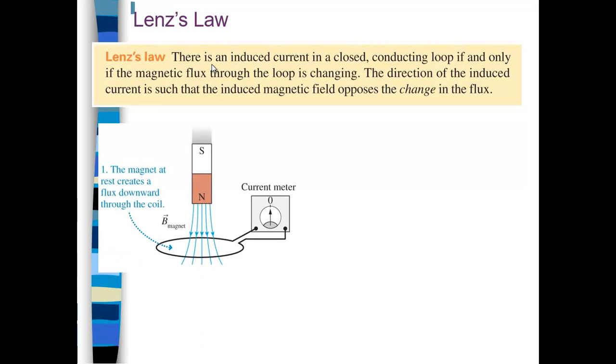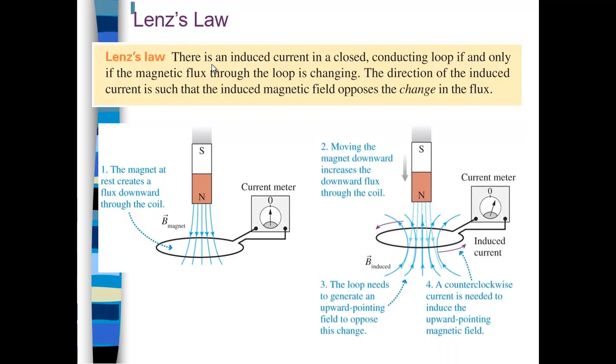So if I have a magnet at rest, it creates a downward flux through the coil, and the current with that magnet at rest equals 0. If I move the magnet downward, that increases the downward flux through the coil.